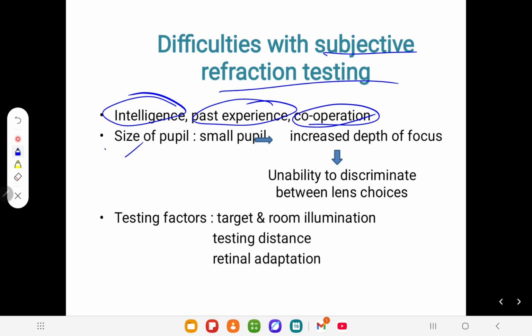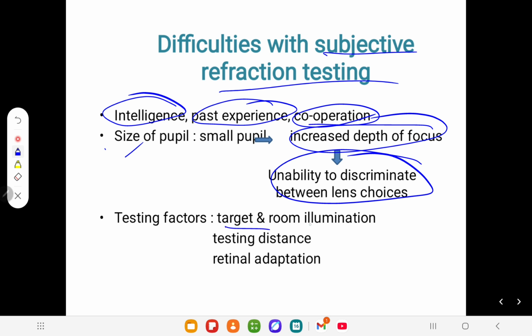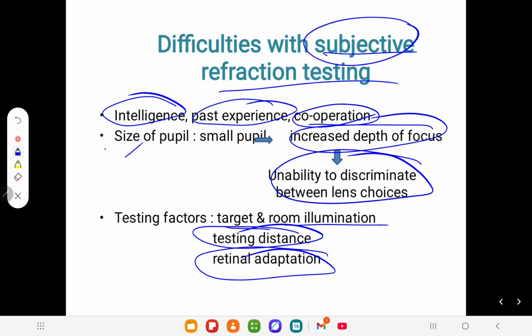The smaller the pupil, the greater the depth of focus, which ultimately creates an inability to discriminate between the lens choices. That's why it's always difficult to do subjective refraction on a small pupil eye. Just remember this point; you will face it in your life as a clinician. The test factors, target and room illumination are also important. The target testing distance is also important, and retinal adaptation is also important. So that's very important in subjective refraction.